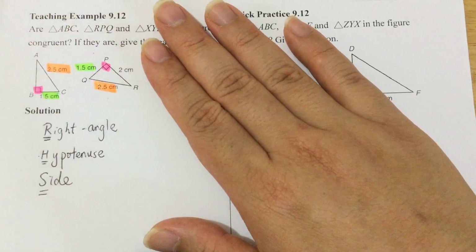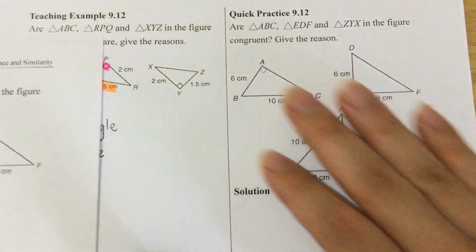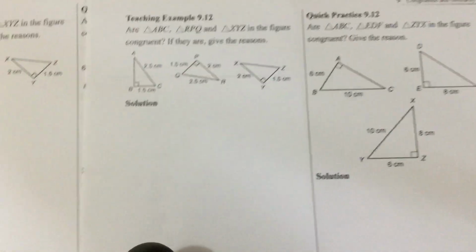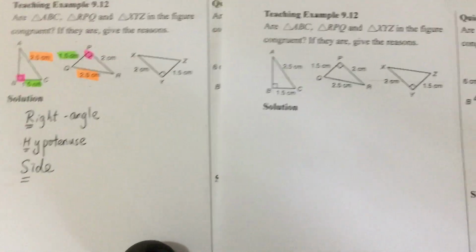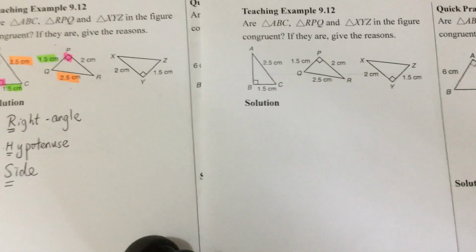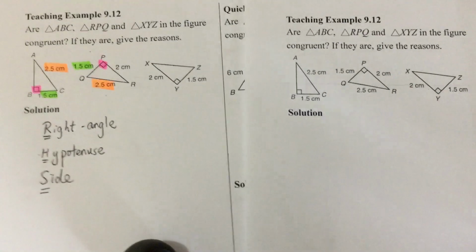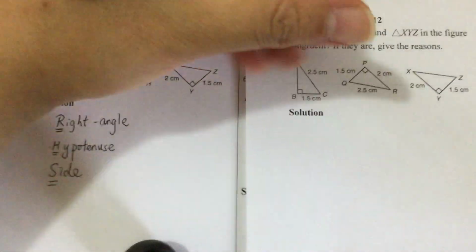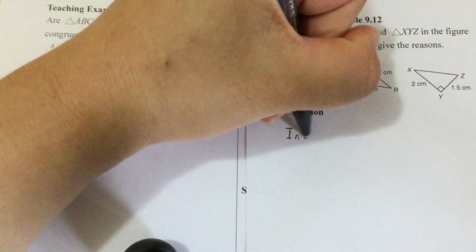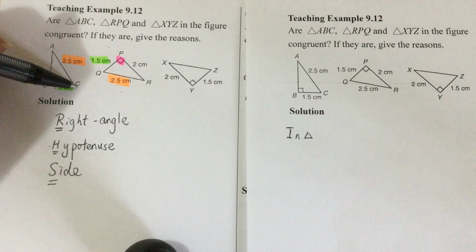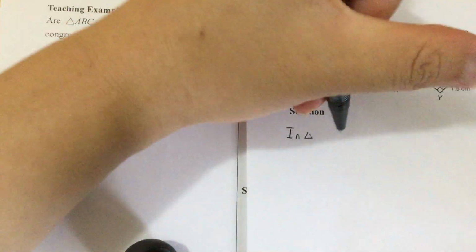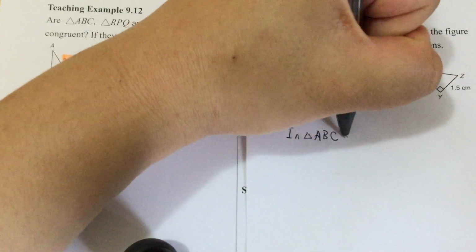So let us do it now. We have another question here, so we can do it at the right hand side. First of all we write down in triangle ABC and RPQ.